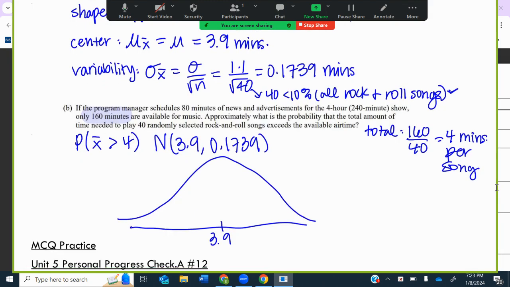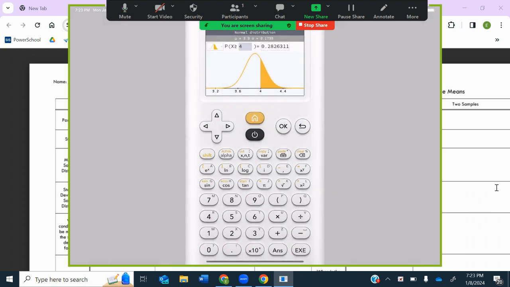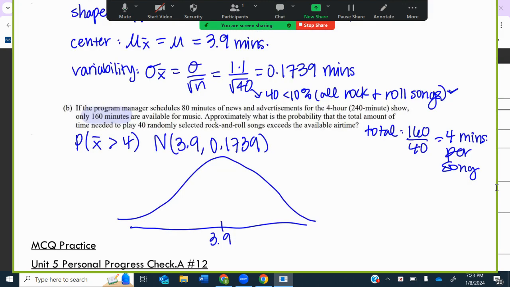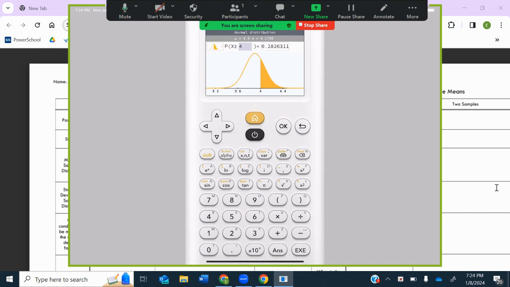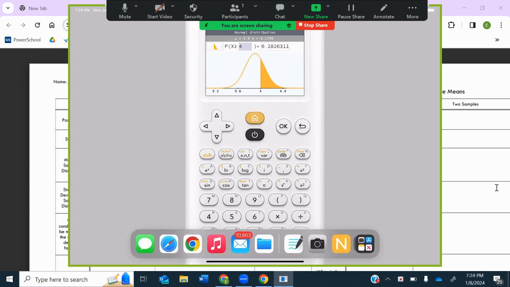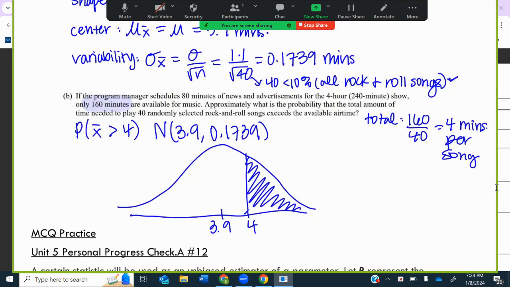Let me look back one more time. Okay, so we're going to put it right about there. Shade to the right, and I already forgot the answer, 0.2826. So that shaded region represents a 0.2826 chance.